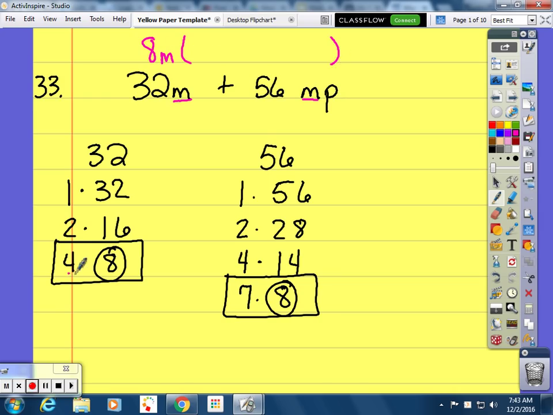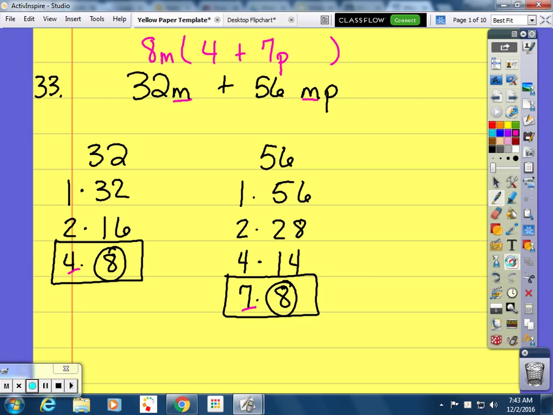That leaves me with a 4, no letter, plus a 7 with a letter of P. So that's 8M times the quantity 4 plus 7P. Pause the video if you need to copy this down before we move on.